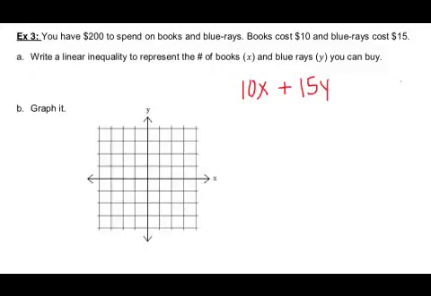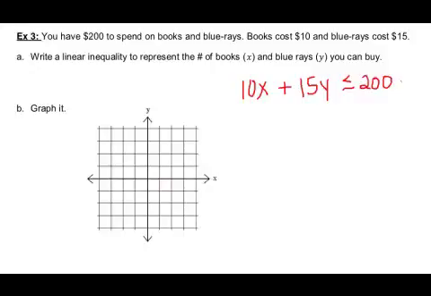Now we only have $200 to spend, so can we spend $200? Yes, we can. Can we spend more than $200? If you said no, you are correct. So our inequality that we're going to use is less than or equal to $200. Because again, we can use the full $200, but we can't use anything more than that because we don't have the money. Again, we are in standard form.